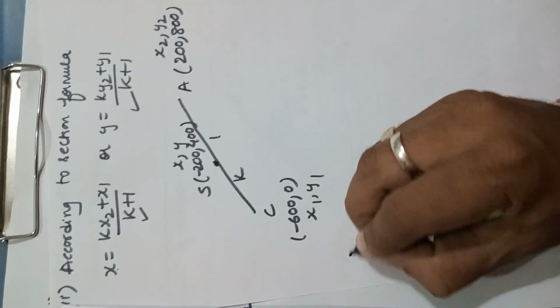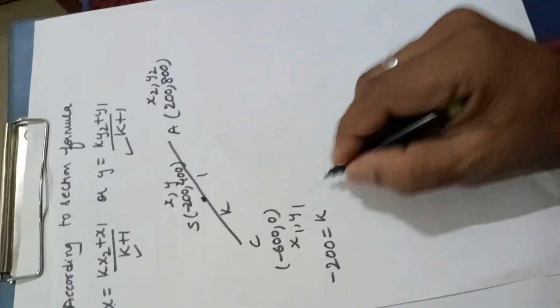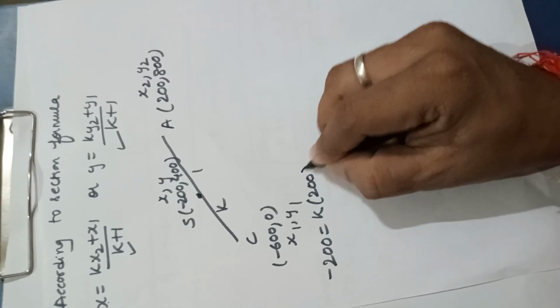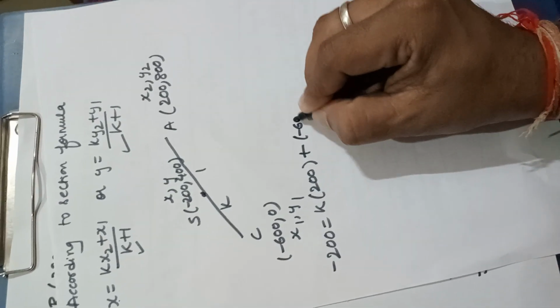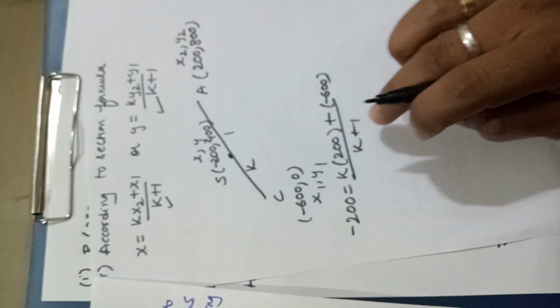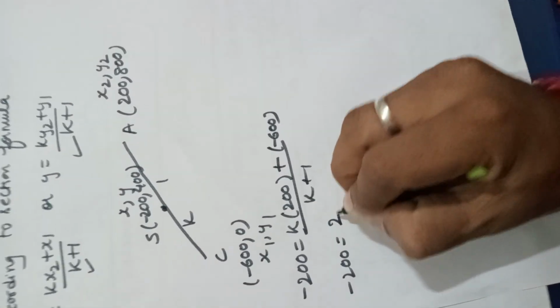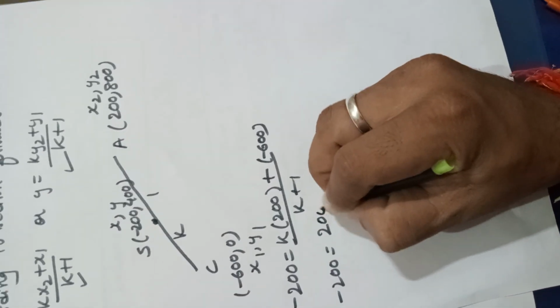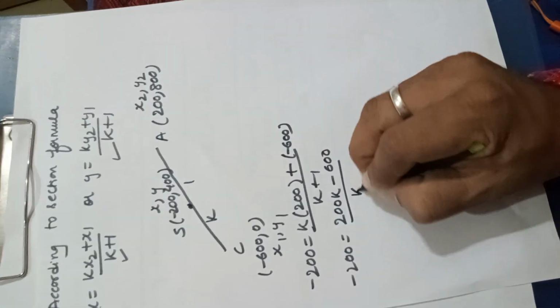X value is minus 200. K value is what we have to determine. X2 value is 200 plus x1. X1 is minus 600 by k plus 1. So minus 200 is equal to 200k, plus into minus is minus, minus 600 by k plus 1.